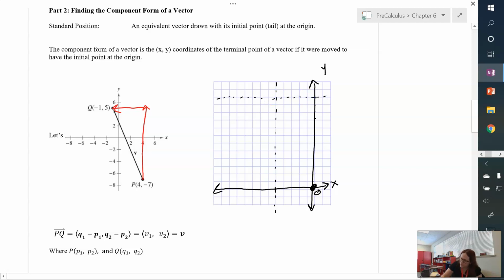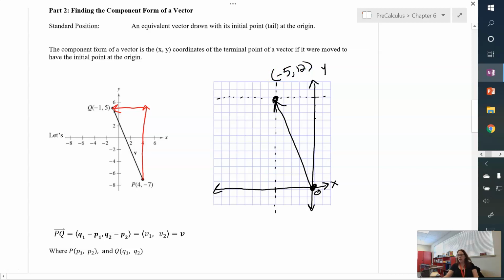All right, so my new terminal point is right there. I'm going to sketch in my vector. Okay. So now the coordinates here are negative 5, 12.